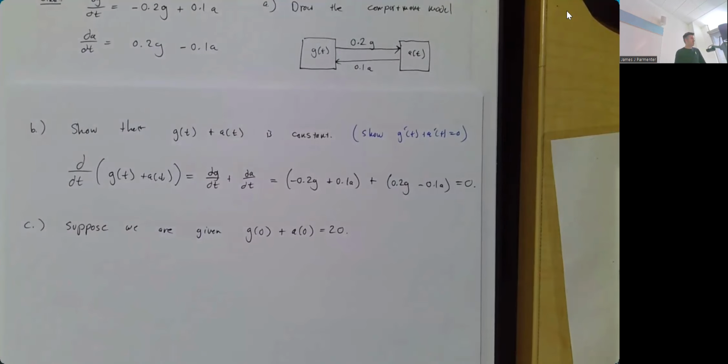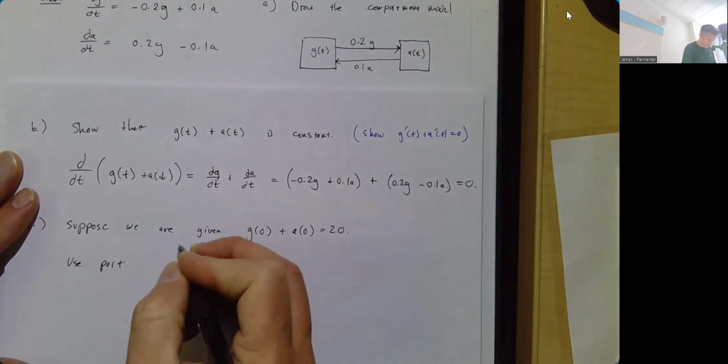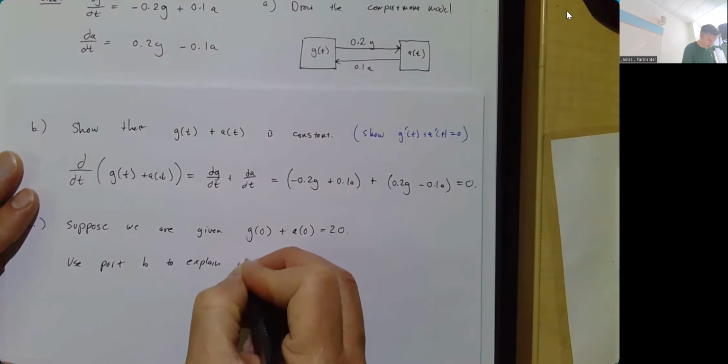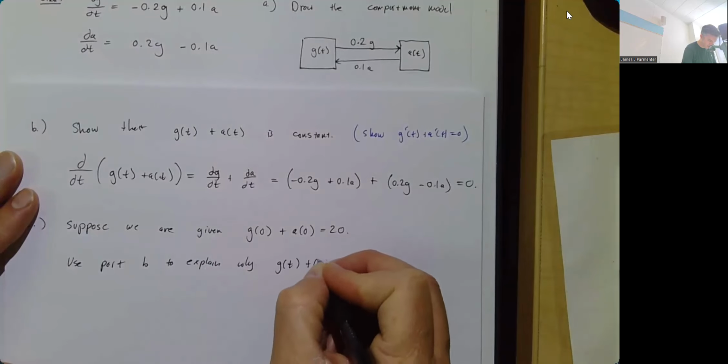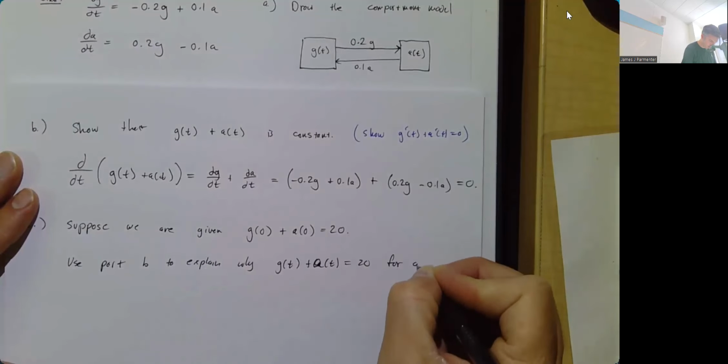Let's say acres. Use part B to explain why g of t plus a of t equals 20 for any t.